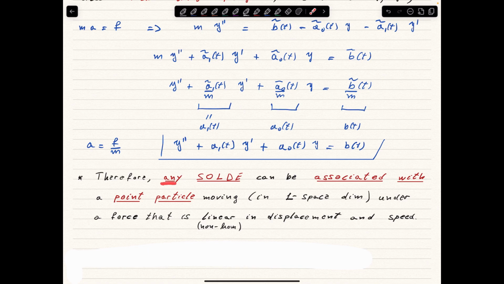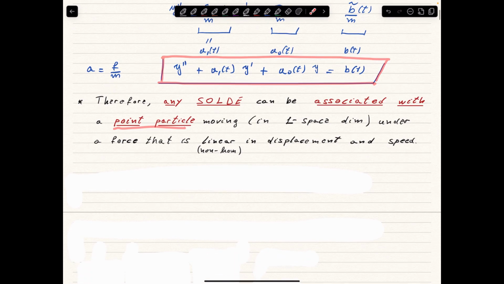Therefore, any second order linear differential equation can always be associated with a point particle moving in one space dimension under a force that is linear in displacement and speed. That means we have a lot of physical intuition that we can use to get the solutions of this equation, because these equations have to describe point particles moving under Newton's equation of motion. But, as we said before, in one space dimension.